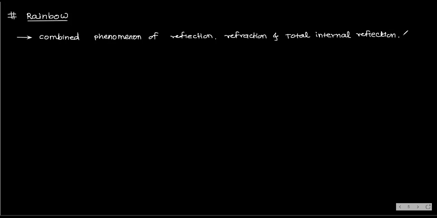Okay, so let's see how it takes place. That is the primary rainbow and the secondary rainbow. Here I am writing primary rainbow, and here it is secondary rainbow.